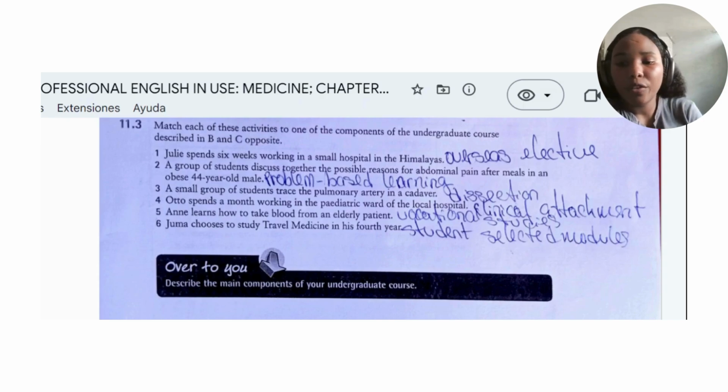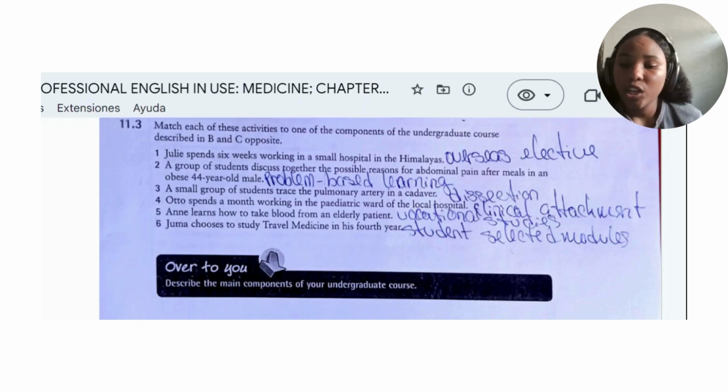A small group of students traced the pulmonary artery in a cadaver: dissection. Otto spends a month working in the pediatric ward of the local hospital and learns how to take blood from an elderly patient: clinical attachment.